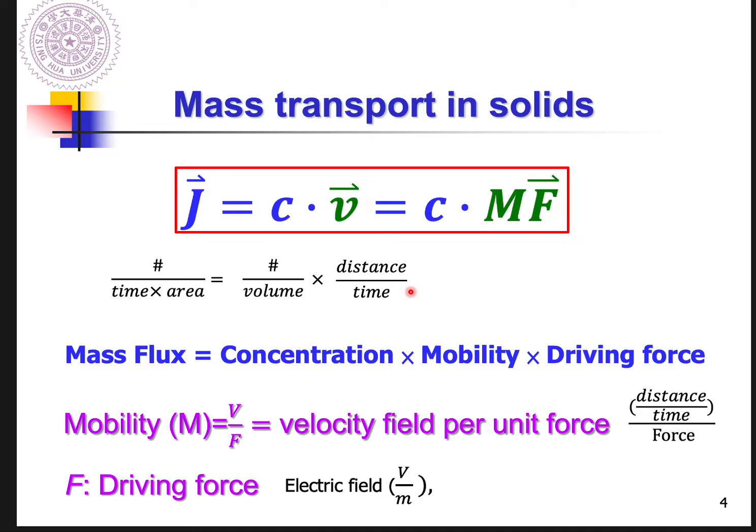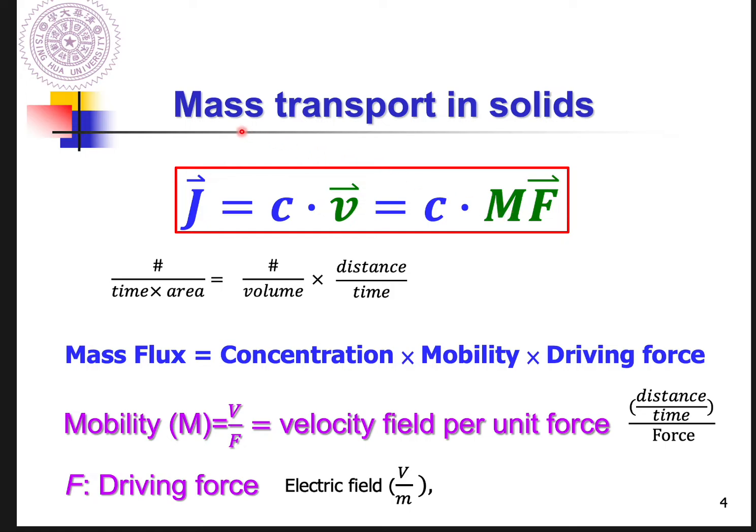And based on Fick's first law, it can be expressed as the concentration, mobility, and the driving force. The mobility here is defined as how fast the diffusing atoms move when you apply a unit driving force, which is the negative chemical potential gradient, on these atoms. We call it the mobility.